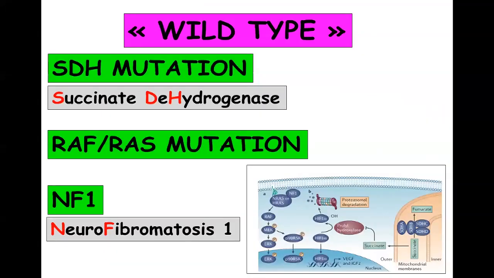If you have a wild type GIST, so without KIT or PDGFR alpha mutation, you have to research SDH mutation, SDH for succinate dehydrogenase, or a BRAF-RAS mutation, or a NF1 mutation, or neurofibromatosis.